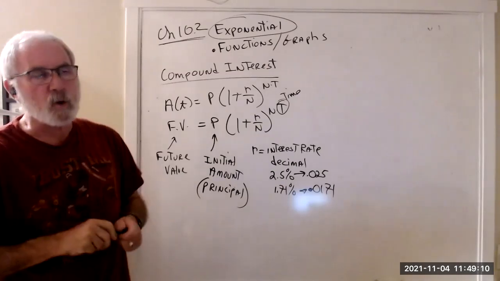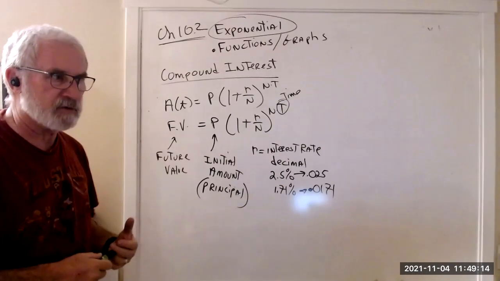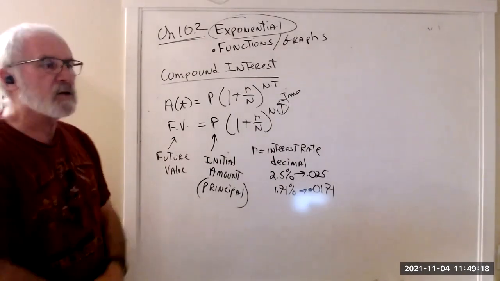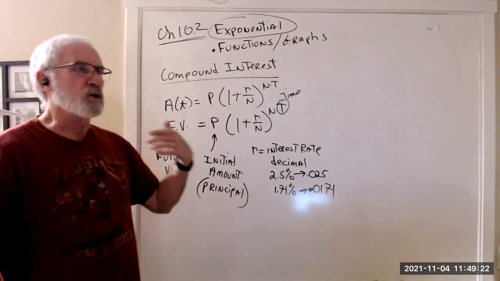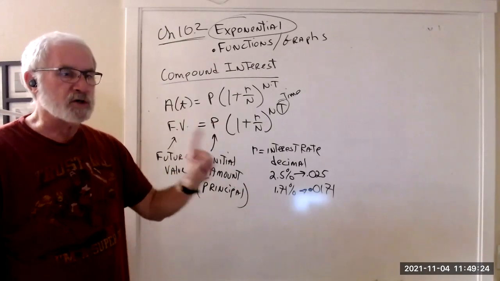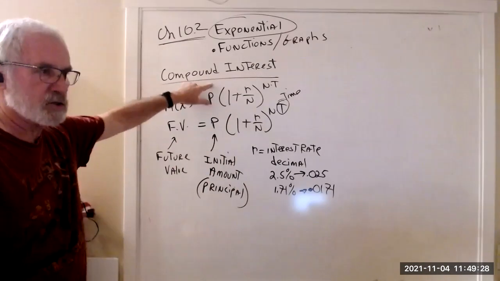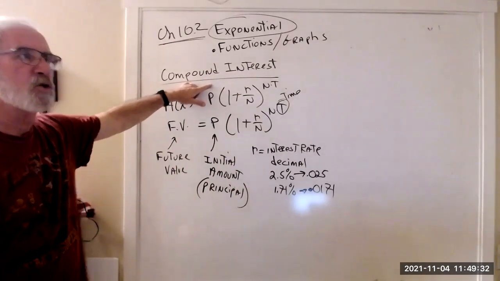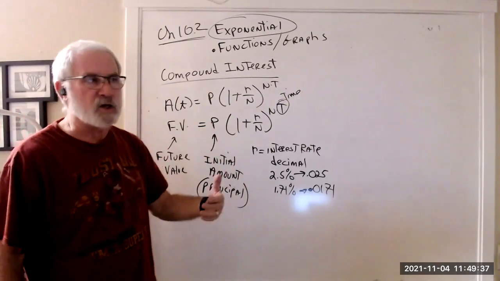In the bad old days, before they invented fancy calculators, N was always once. They always did your calculations one time a year. But compound interest is what all the banks use now, and they can do the calculation as many times a year as they want.